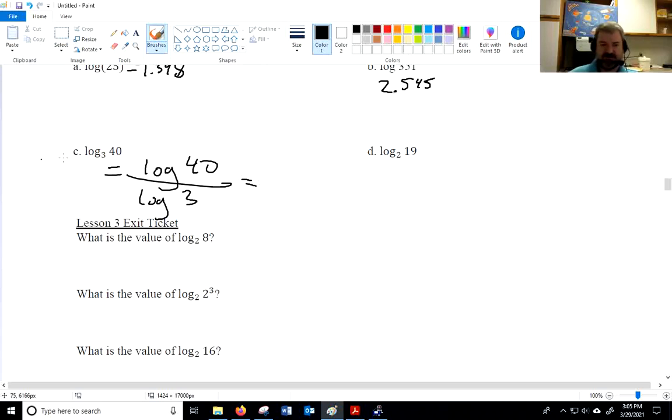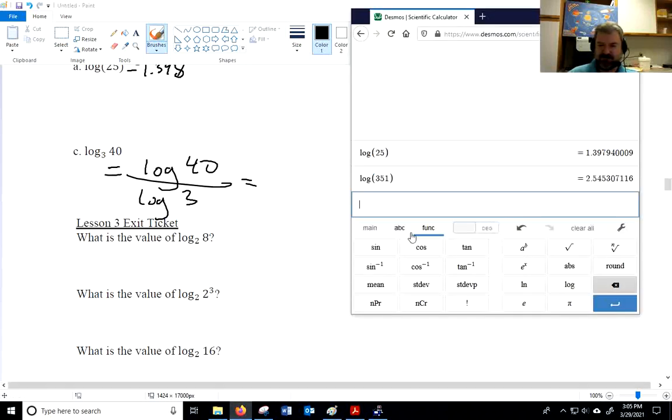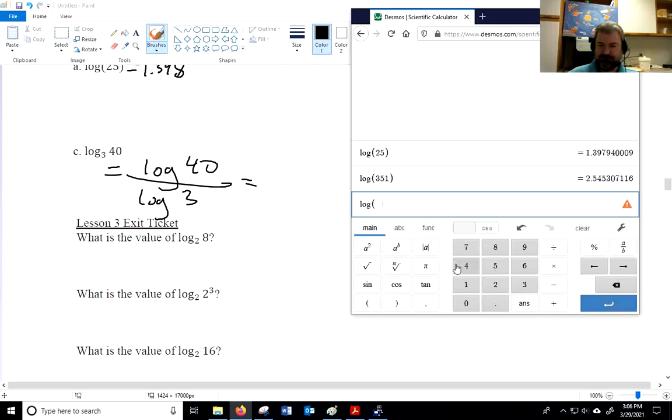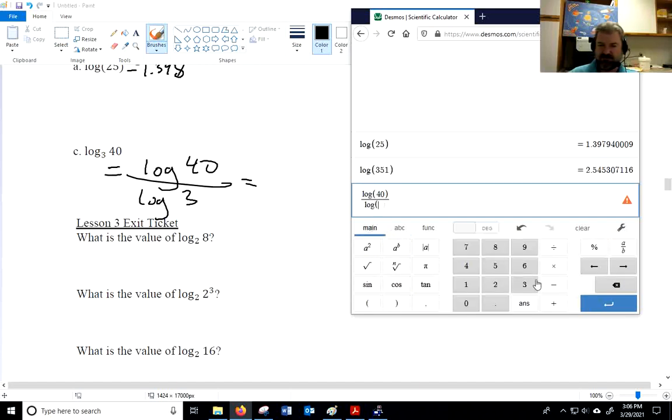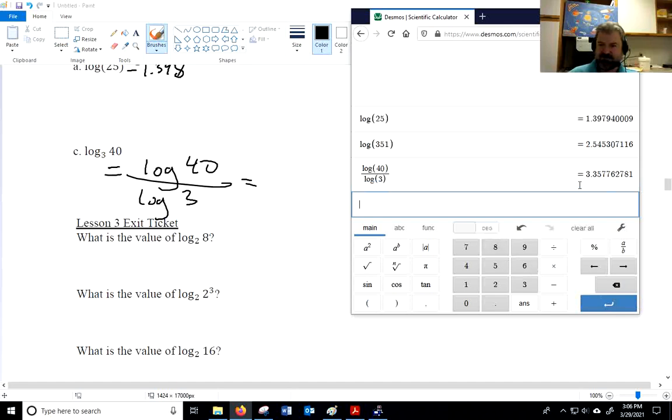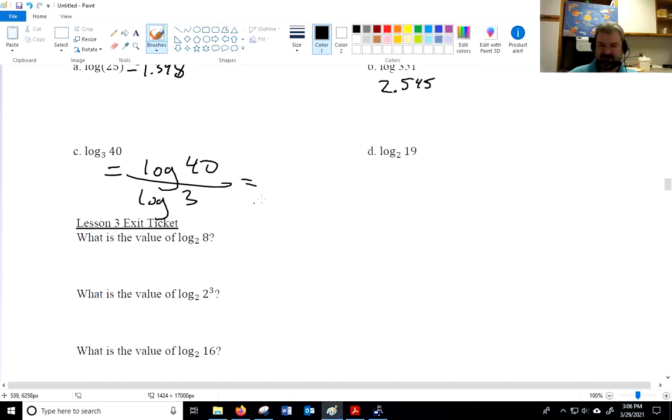Remember, when you're doing a change of base, it's the log of the top number over the log of the bottom. So log of 40 over log of 3 is 3.358.